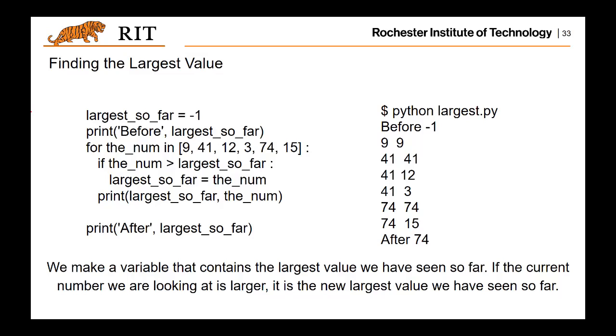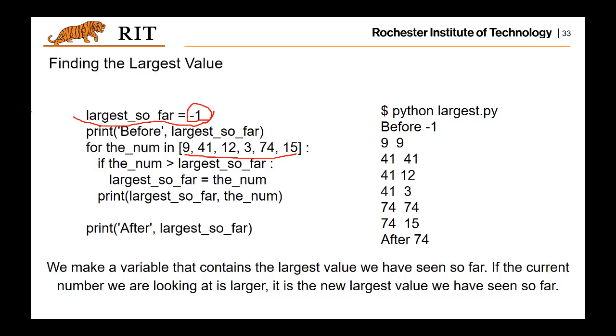Okay. So I think you have practiced this code and seen what it looks like. So actually I have a question. We set up the initial value for largest so far to be -1, based on the assumption that all the numbers inside the array are greater than 0.